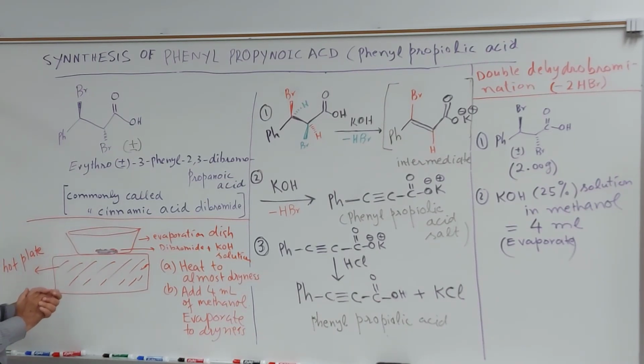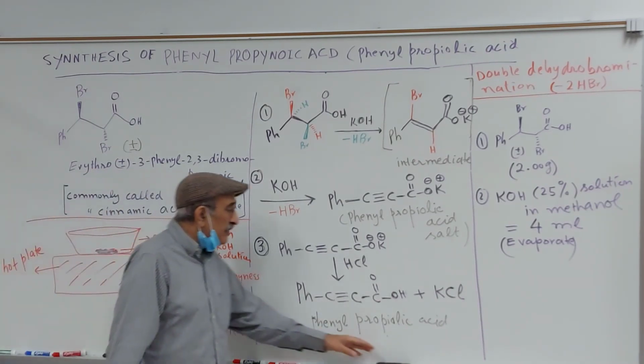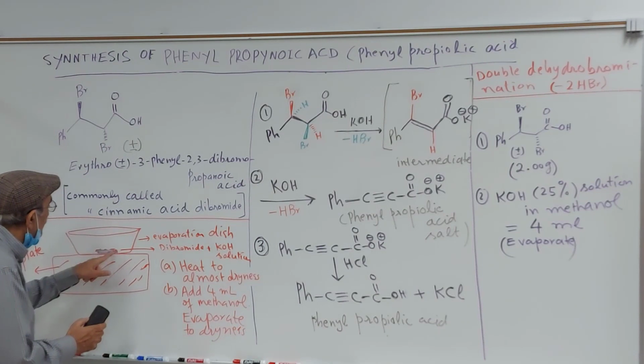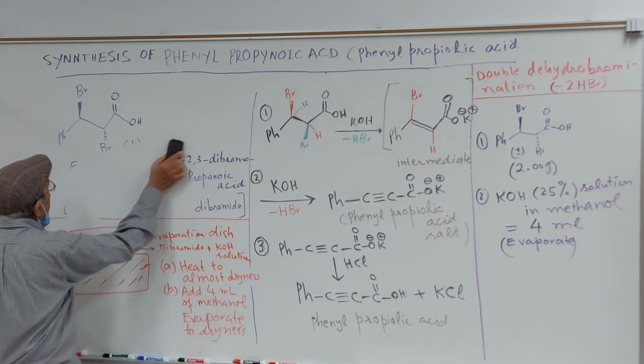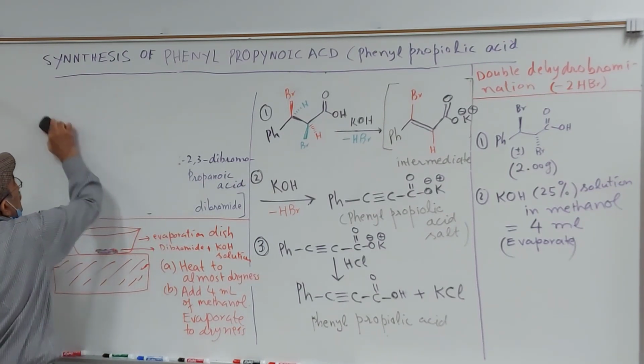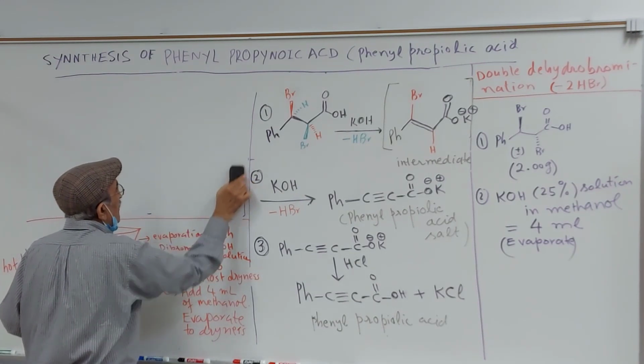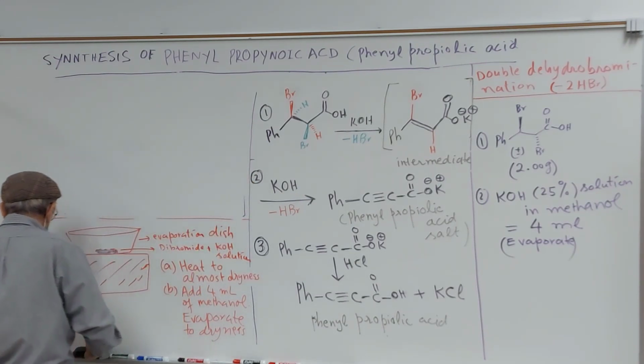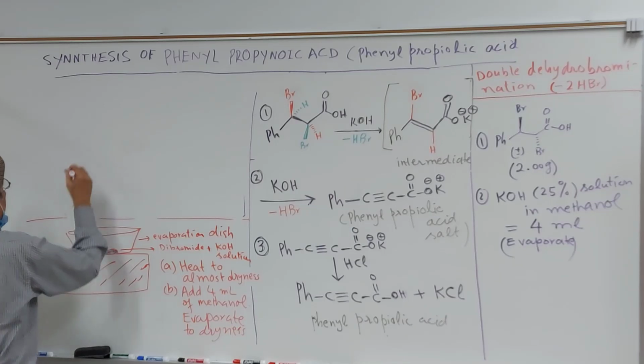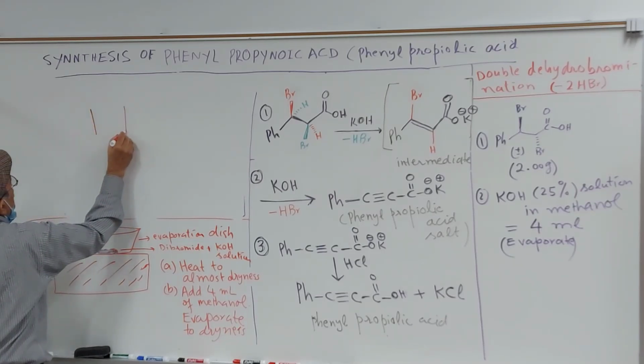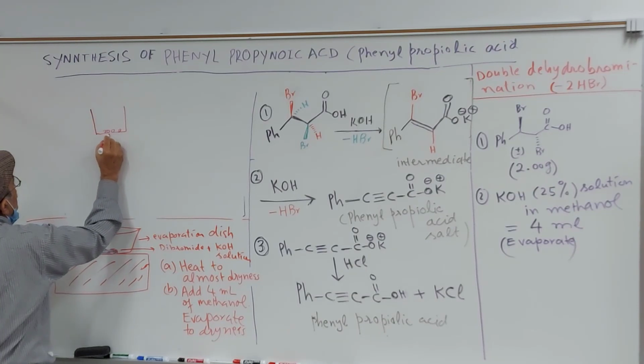Cool it down to room temperature, and after that you transfer this solid stuff into a Buchner funnel for vacuum filtration. Okay, a Buchner funnel, as you know, looks like this with holes in there. There are holes here, and you attach the vacuum here, right?